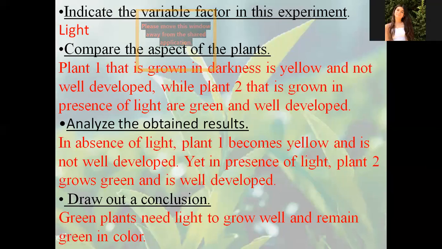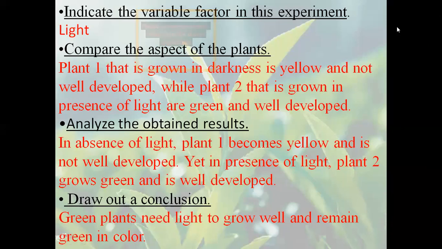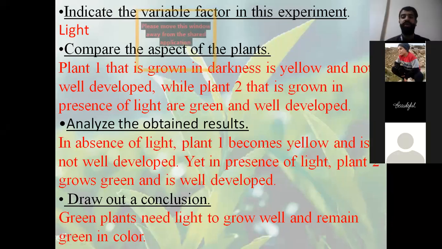So this is the difference between these two plants. Plant 1 that's grown in the darkness is yellow, not well developed, and will die at the end. However, plant 2 that's grown in the presence of light is green and well developed.